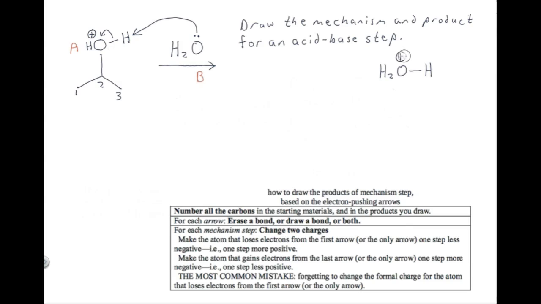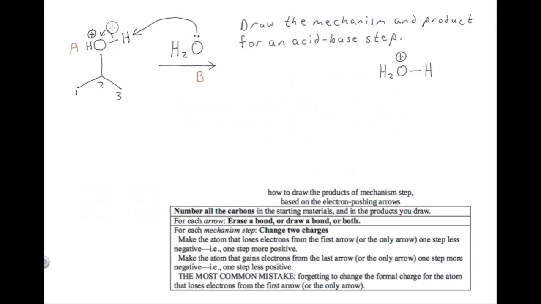It's crucial to include that positive formal charge. The oxygen started neutral and lost electrons, so it became one step more positive. We discussed in the last video that the most common student mistake when drawing the products is forgetting to change the charge at the beginning of the series of arrows. So take that seriously and make sure you change this first charge.